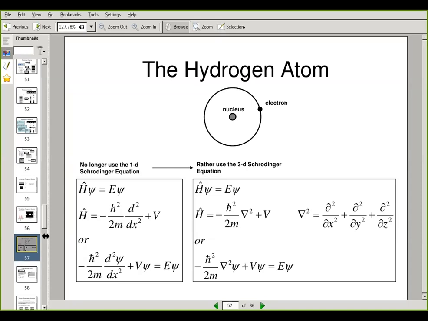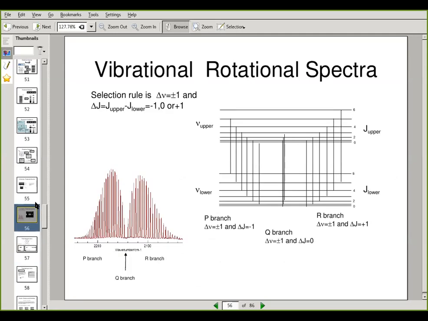Okay, sorry, I missed a question on the rotational spectrum. The question I got was, is it always 6B? Well, it will be 6B if you choose a constant level, because you can imagine that if you're going from level 1, it's always to 0 or 2.